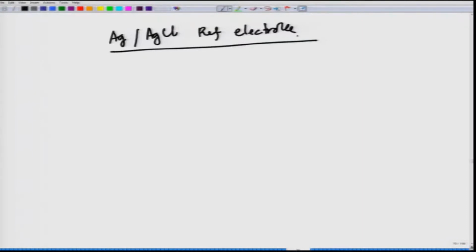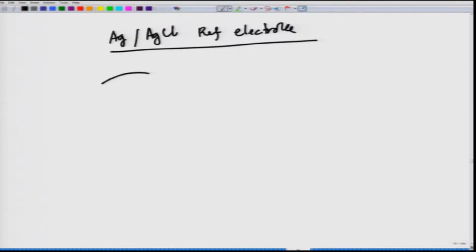So, AgCl reference electrode, silver chloride electrode, is basically a half cell. Okay. So, this electrode is constructed as a thin tube that can be dipped into analyte solution. Okay. So, essentially the way it looks like is something like this.